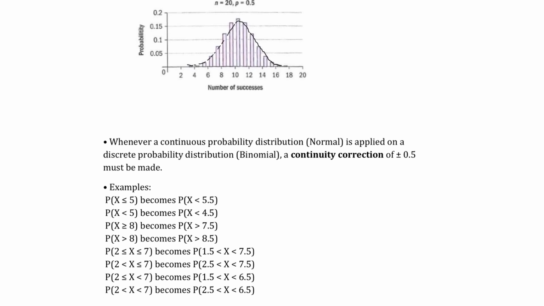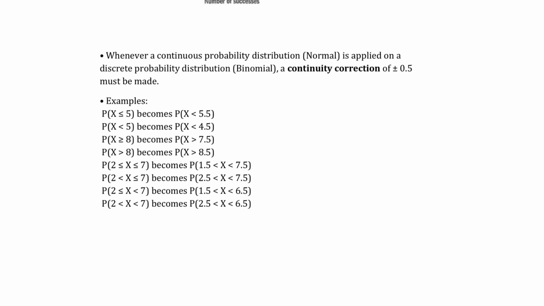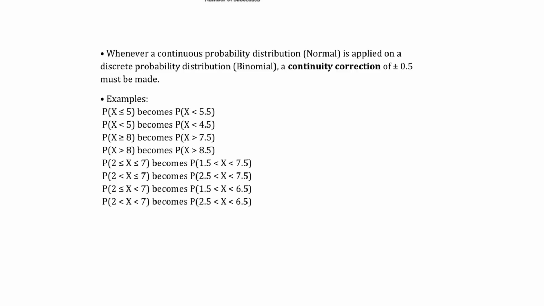Now when we are converting our distribution from a discrete distribution, which was a binomial, to a normal distribution, we need to apply a continuity correction of plus minus 0.5. So this means that if we have a value of 5, let's say, probability of x less than or equal to 5.